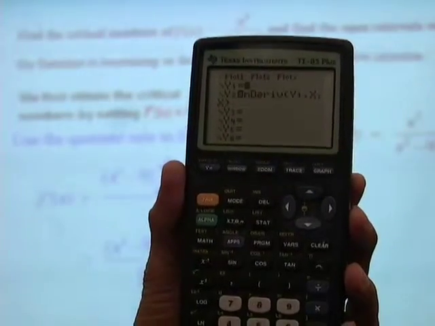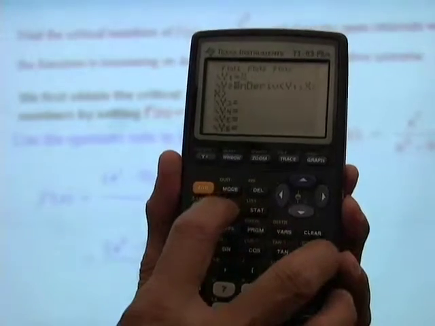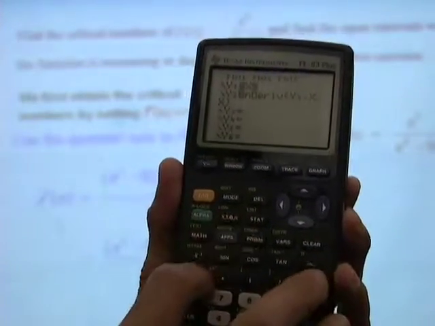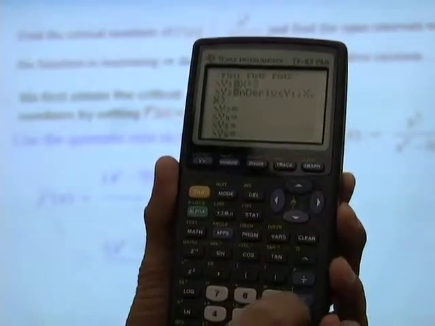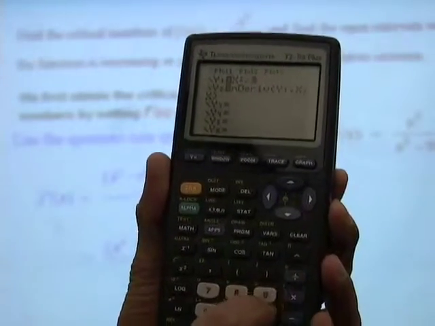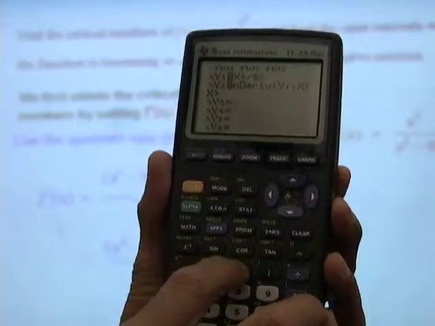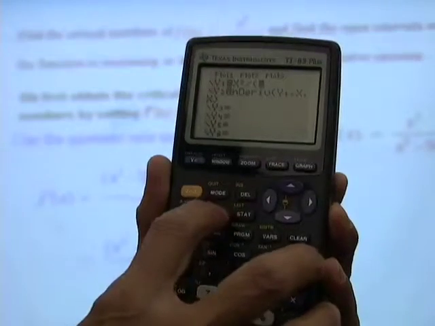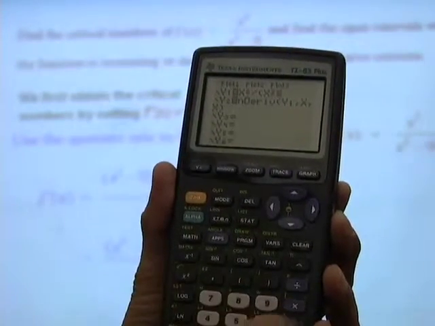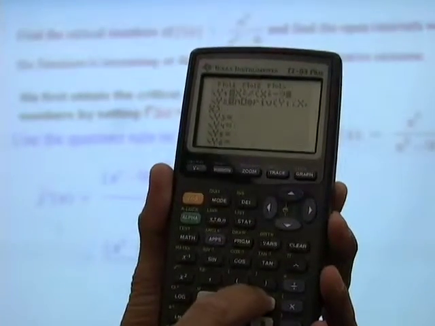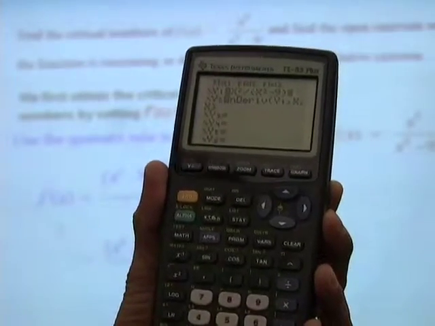Our function is f of x equal to x squared divided by, use a parenthesis now, x squared minus 9. There we go. That's our function.